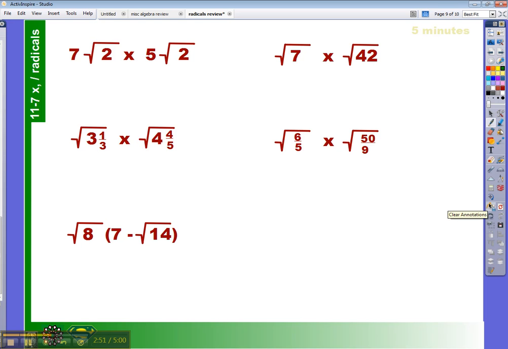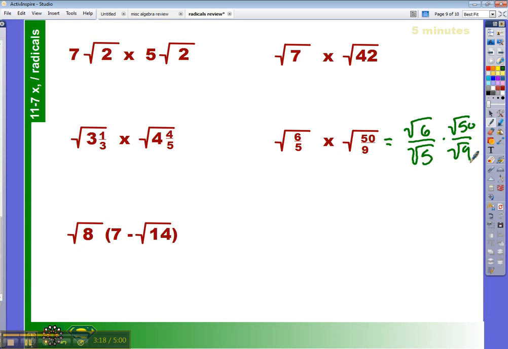Now for our next problem. The next problem, we don't have mixed numbers, which is fine. So now we have the square root of 6 over the square root of 5 multiplied by the square root of 50 over the square root of 9.